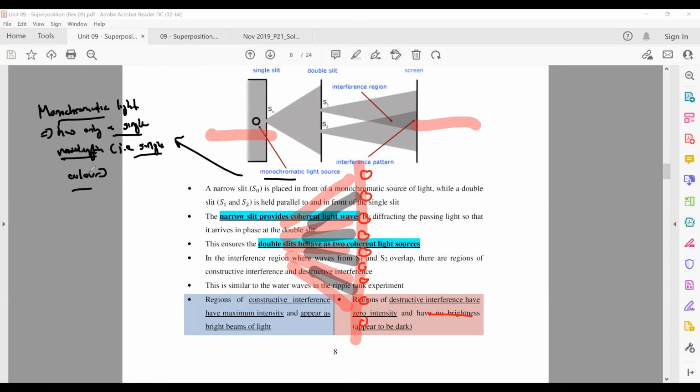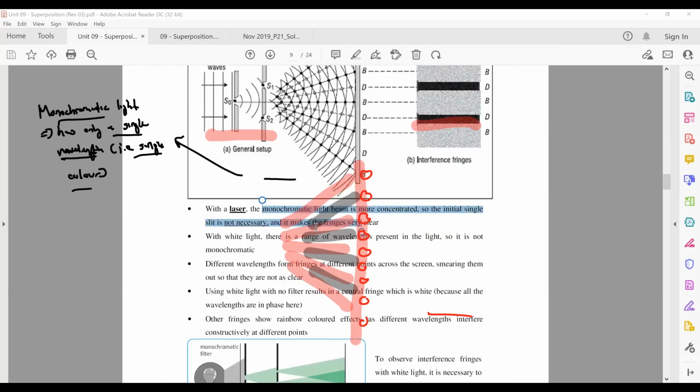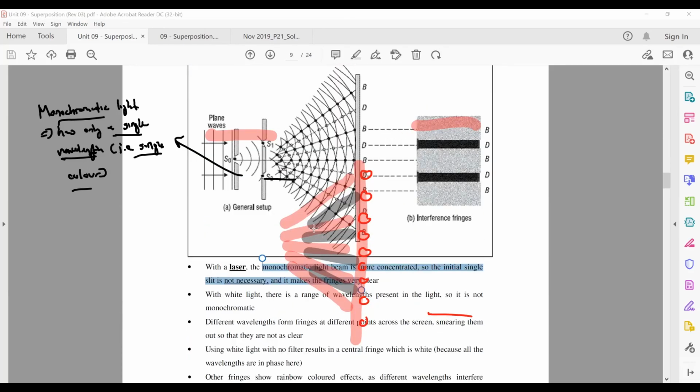It has many different colors, many different wavelengths of light inside that combine to give you white light. So ideally when you do this experiment we want monochromatic light so that we're dealing only with a single color.